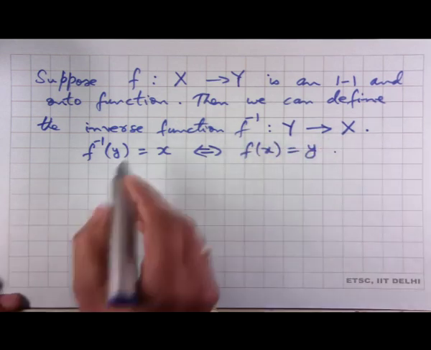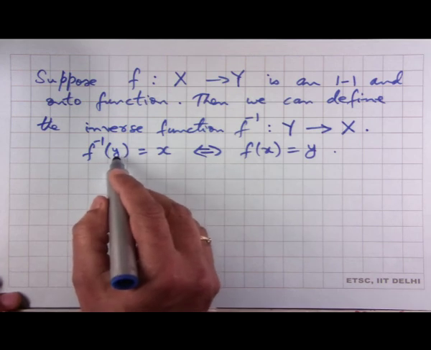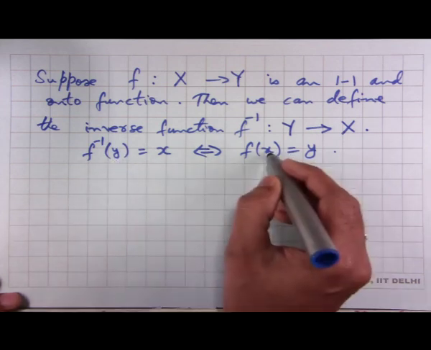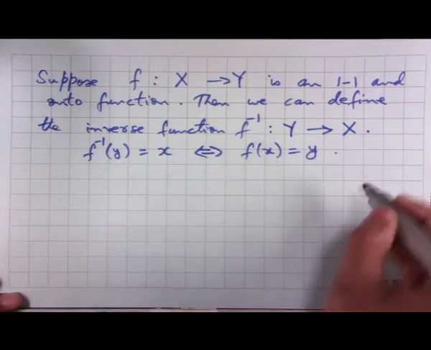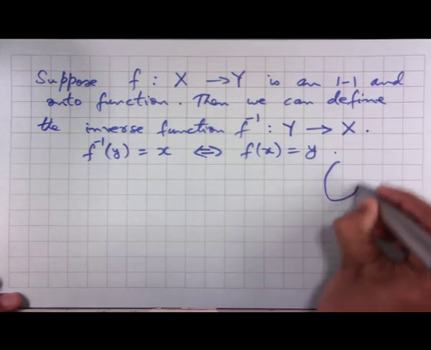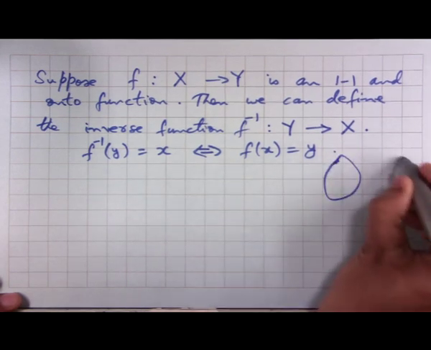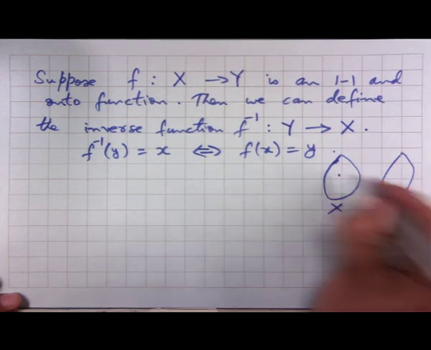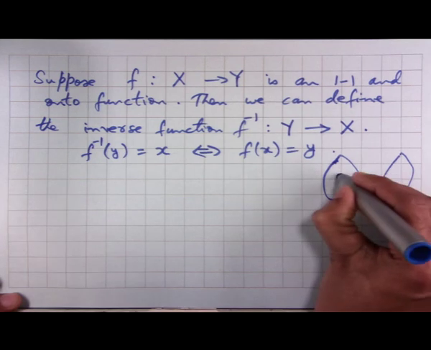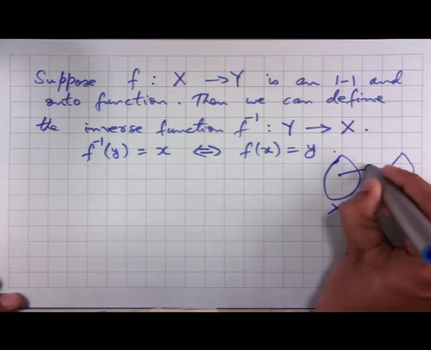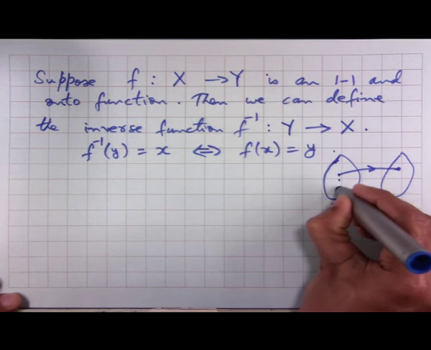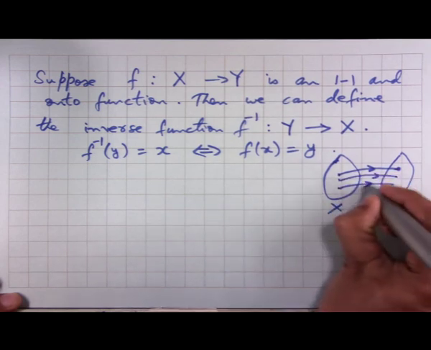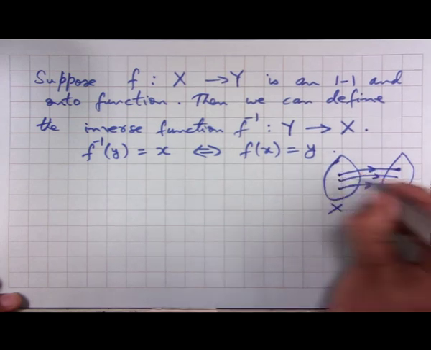So, to know the inverse at y, we need to look at the value of x for which f of x is y. Because this is a one to one and onto function, we know that there is a unique x. For every x we know there is a y in Y, and because the function is one to one, the image of two different x cannot be the same y.